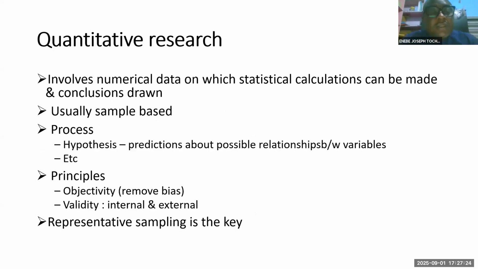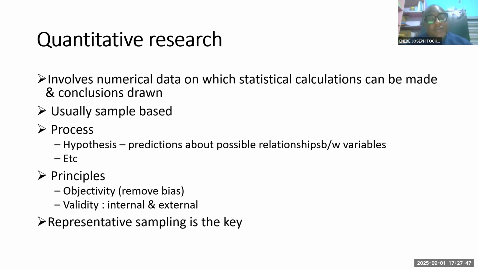Now, compare it with the quantitative research. This involves numbers, numerical data, and then statistical calculations are done and conclusions are drawn based on our analysis. Now, it is sample based, so you must have a sample for you to do that.